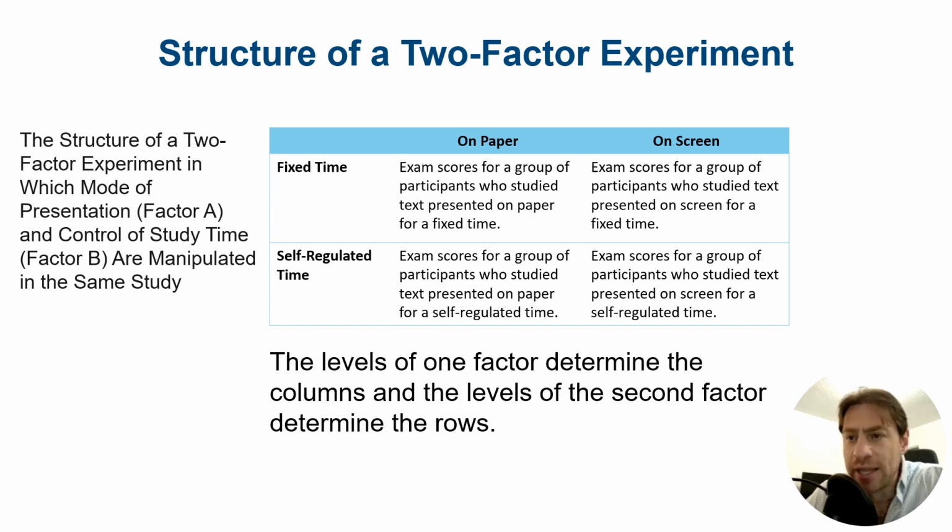So the material was either presented on paper or on a computer screen. And the second independent variable was control of study time. So people were either given a fixed amount of time to study the material, or the study time was not fixed, but rather self-regulated. And so this creates a classic 2 by 2 design. And we will consider this study as an example when discussing main effects and interactions.